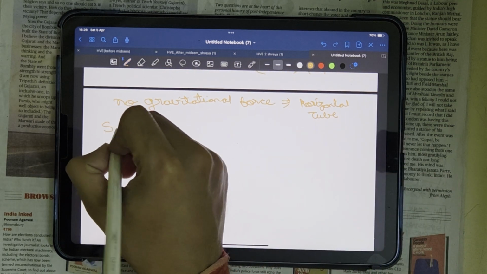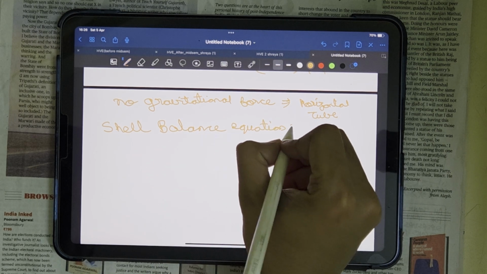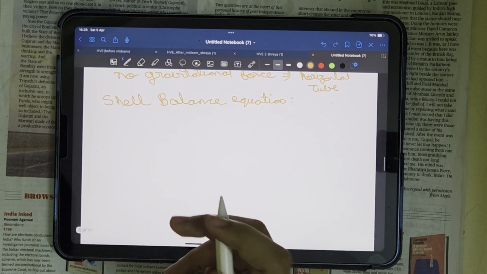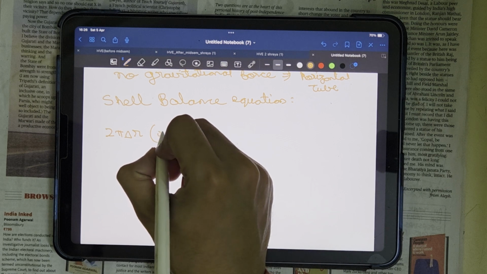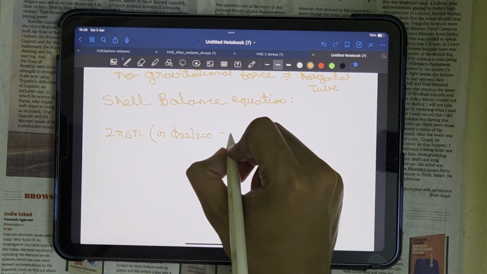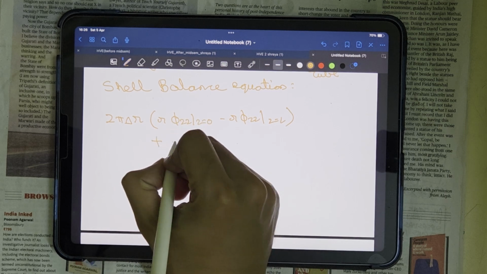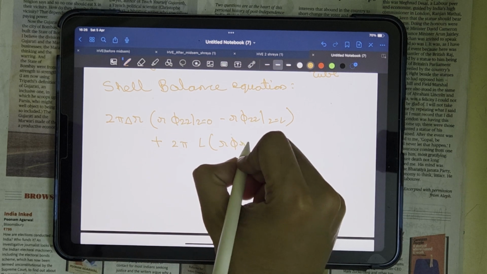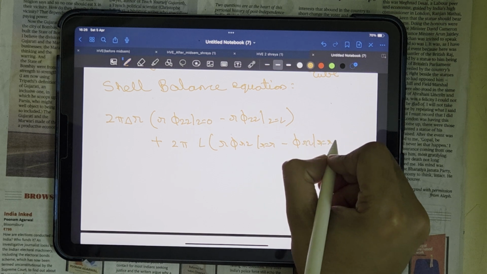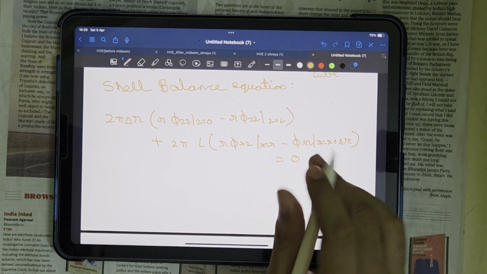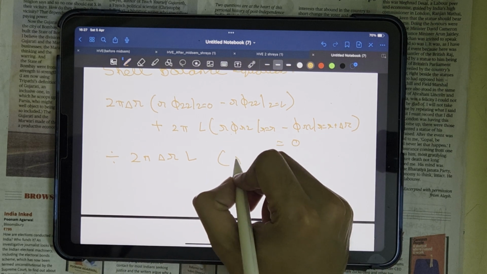Now we will apply the shell balance equation. Now we will divide by 2 pi delta r L, and then we will multiply with minus 1.